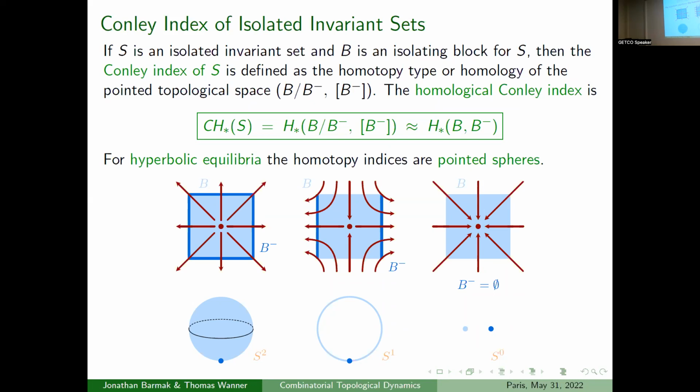In that setting, let me just go back to these examples. Of course, here, if you identify the exit set in this case, you get a two-dimensional sphere. In the index 1 unstable equilibrium solution, if you identify the exit set, you get the homotopy type of an S1. And down here, you get the homotopy type of a pointed S0. What you see is that for equilibrium solutions that are hyperbolic, the Conley index is the homotopy type of a sphere, where the dimension of the sphere is exactly the Morse index.